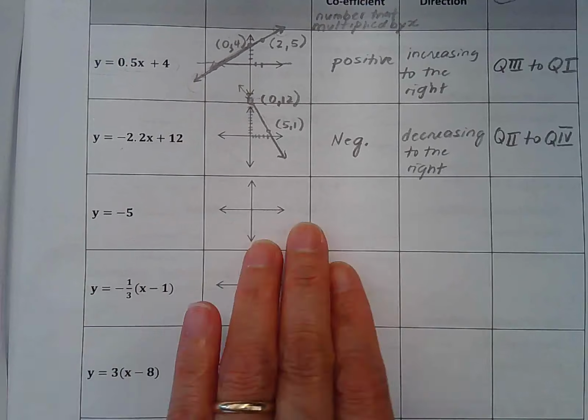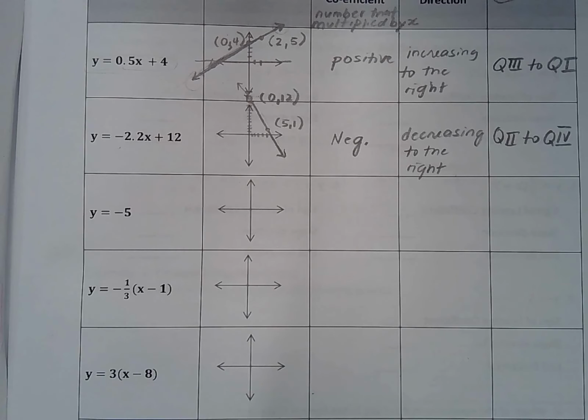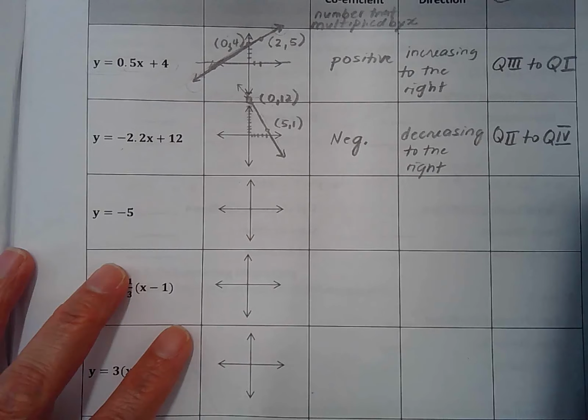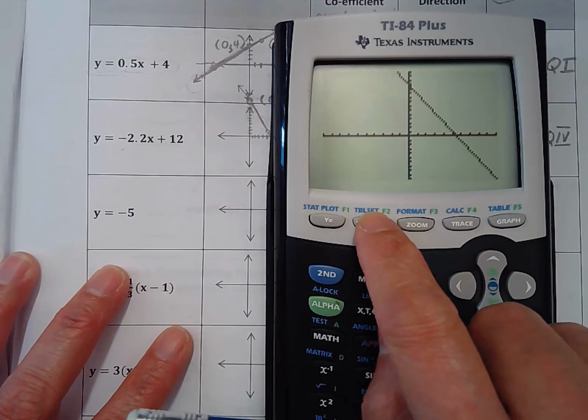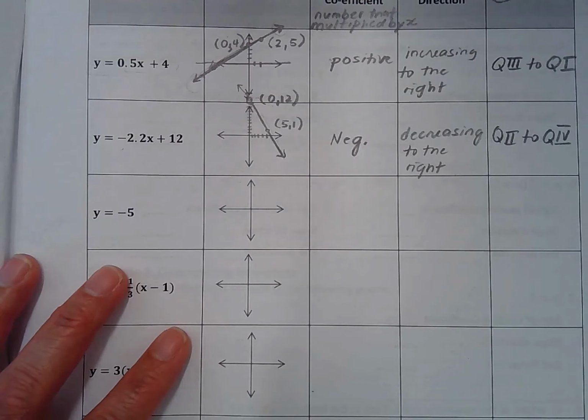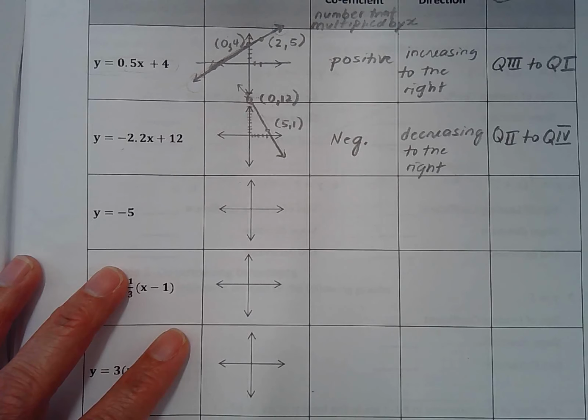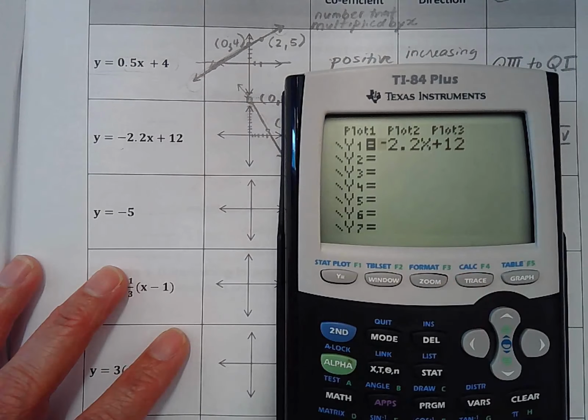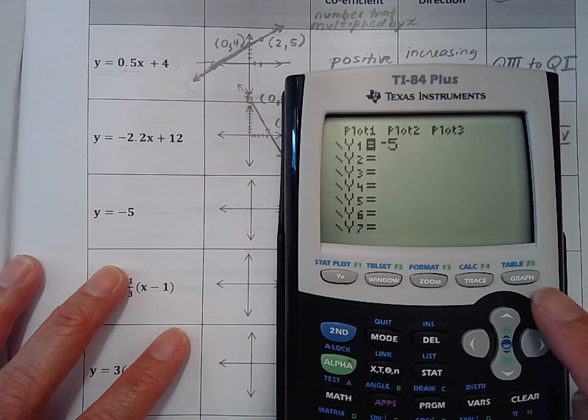Okay, next one. y equals -5. Interesting. So let's just graph that. Oh, what happened to our graph? -5.